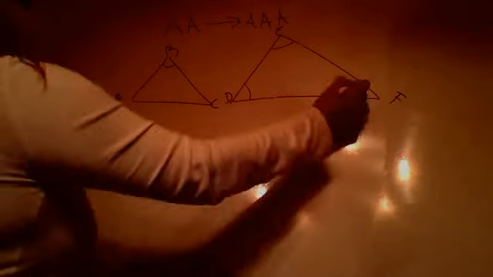Let's pretend they're similar triangles. In this, the tick marks show us that angle A is equal to angle D. And then the tick marks for angle B show that that angle is equal to angle E. So some authors say that this is equality.